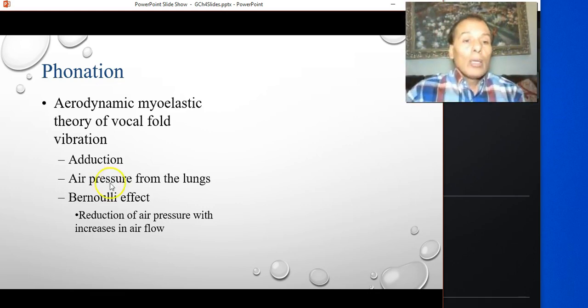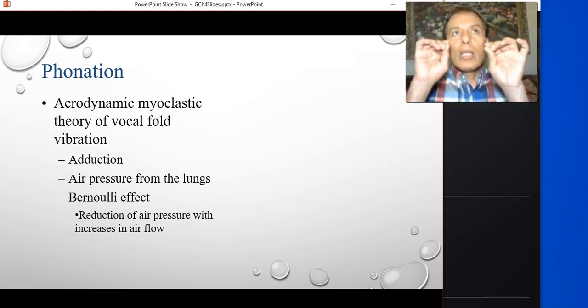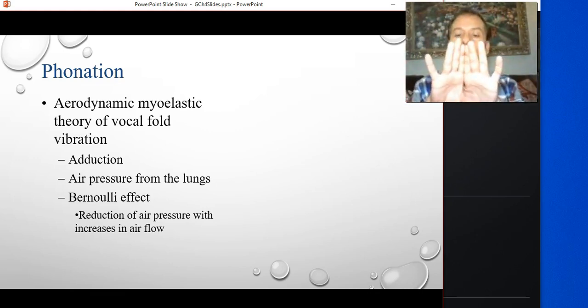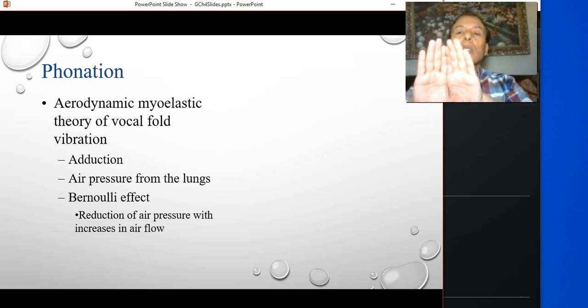So how it goes first, as soon as you close the vocal folds, the elastic force of the vocal folds, because they are comfortable in the closed position like this, they want to come to the midline. When you bring them away, they want to come back to where they were. So the elastic force of the vocal folds is 0 when they are closed.